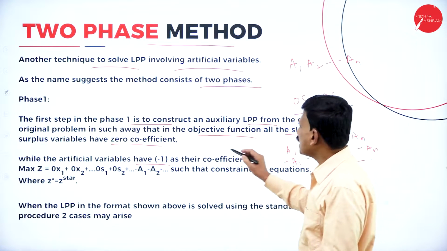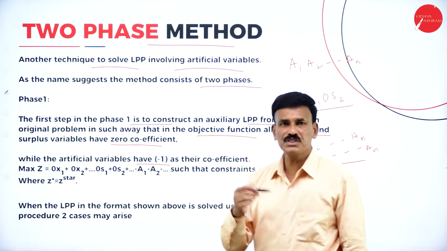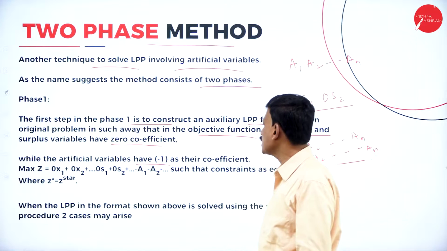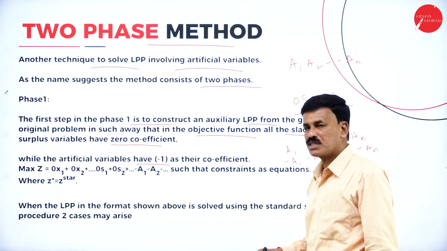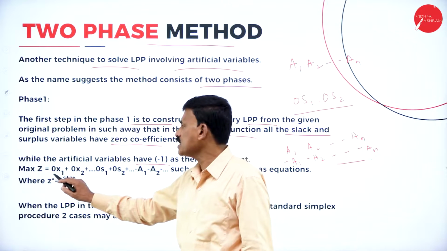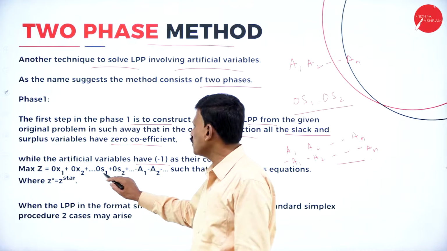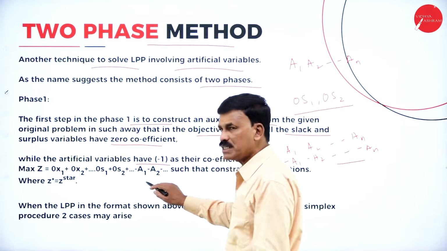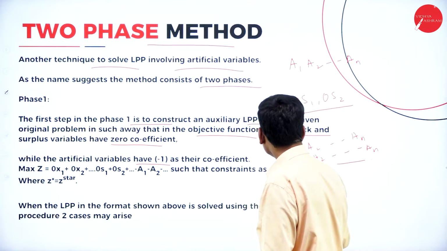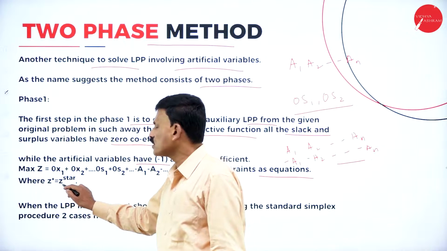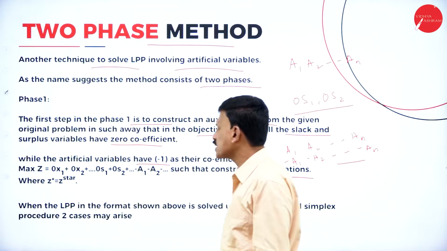The slack and surplus variables have the coefficients as 0, whereas the artificial variables have -1. Therefore the objective function can be written as max z = 0x1 + 0x2 + 0s1 + 0s2 etc. - a1 - a2, such that the constraints as equations, written as z bar, that is z star.